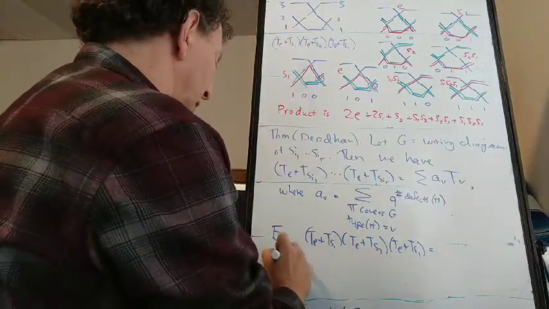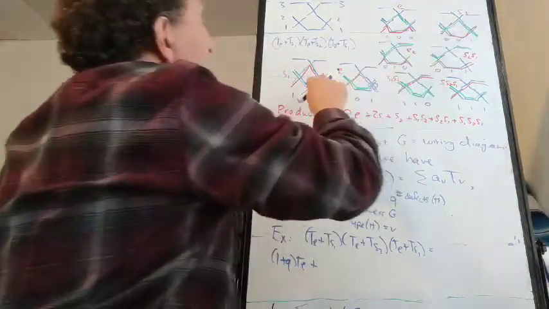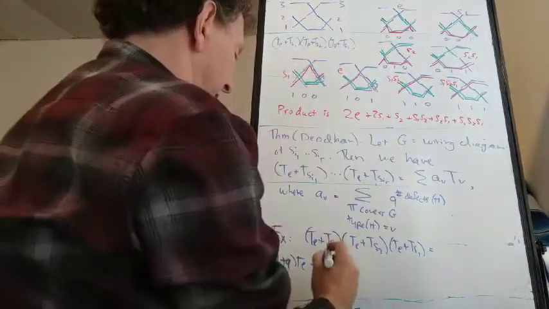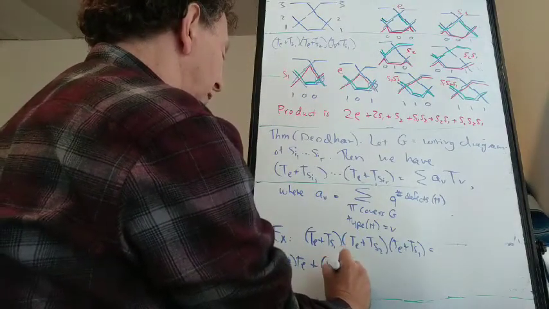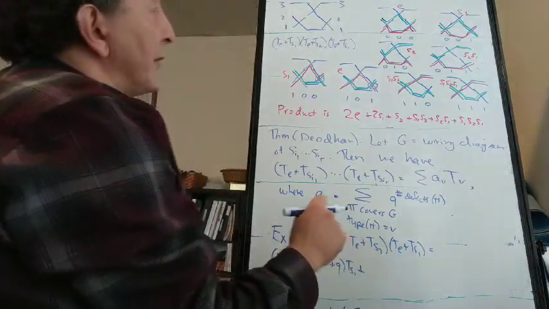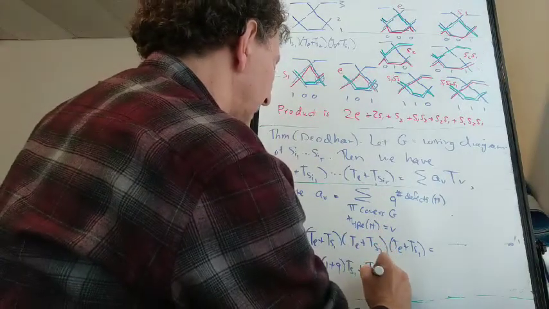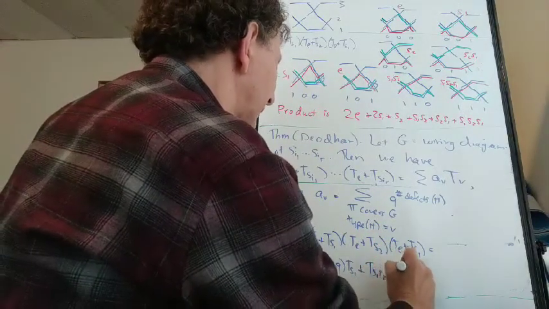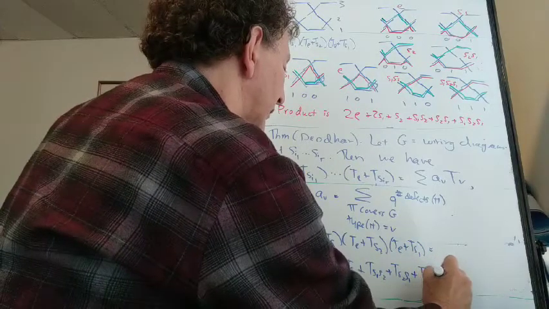So (1 plus Q) TE. And then we have S1 appearing twice, once with a defect, once with no defect. So we've got Q to the 0 defects plus Q to the 1 defects, times TS1. And then all of the other path families appear defect free. So plus TS1S2 plus TS2S1 plus TS1S2S1.